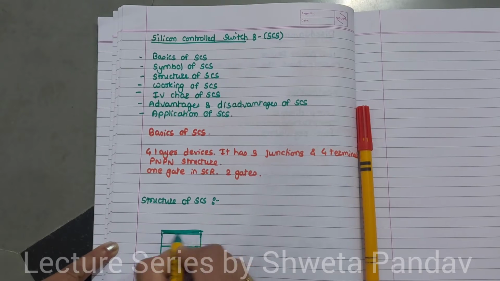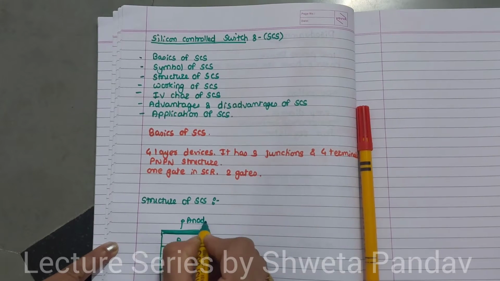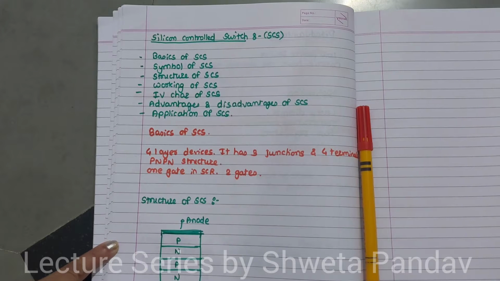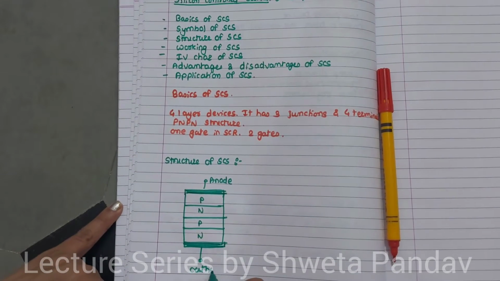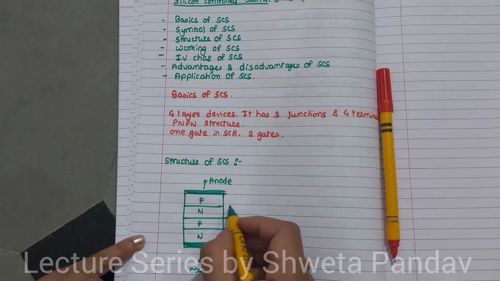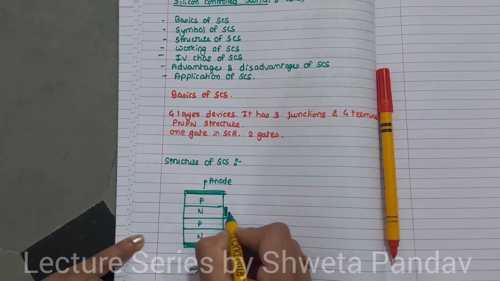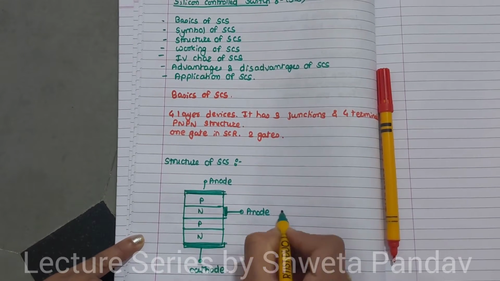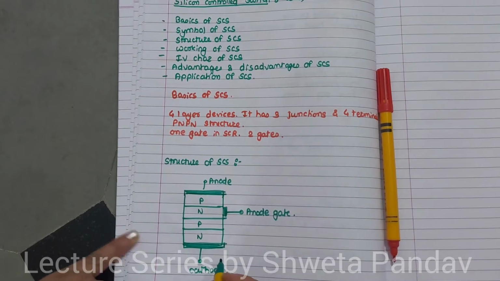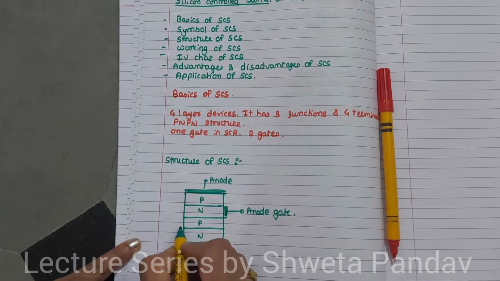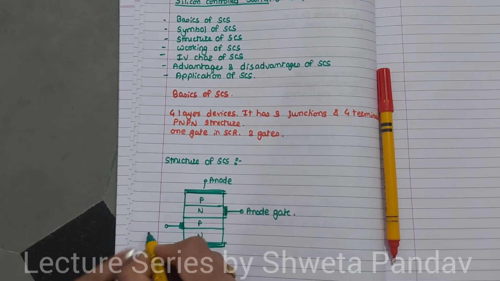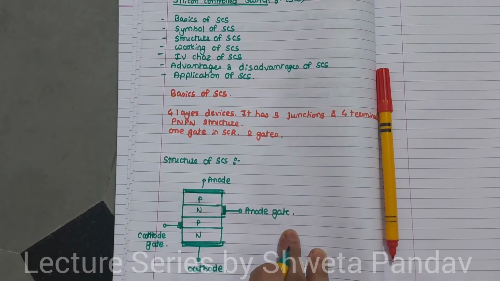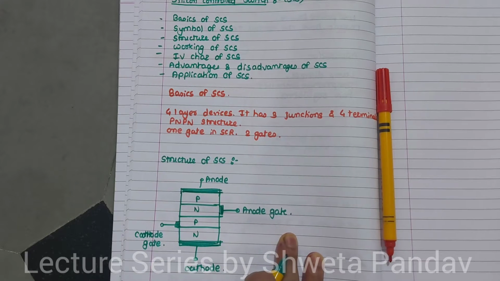At one side it has anode, at another side it has cathode, and it has 2 gates, anode gate and cathode gate. Near to anode it has anode gate, and near to cathode it has cathode gate. So its working is controlled by both the gates. With one of the gates it will be turned on, and with the other gate it will be turned off.